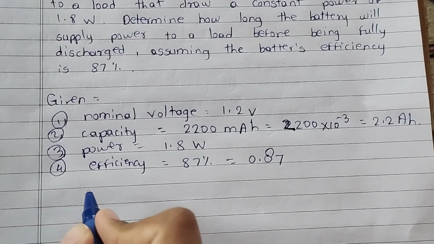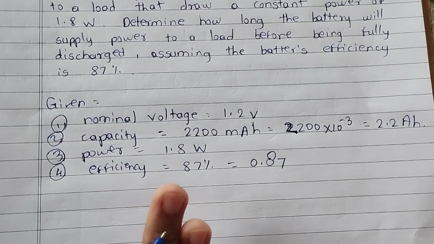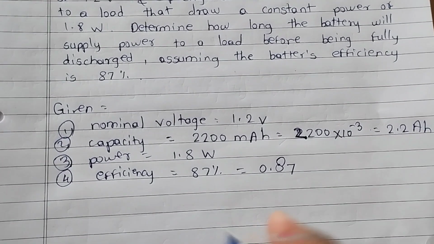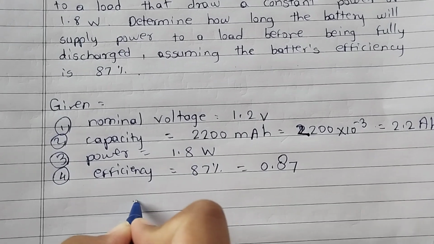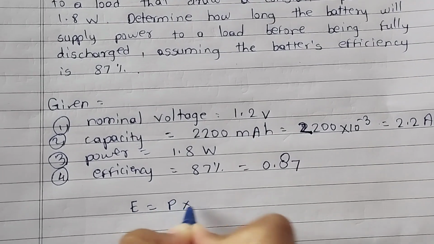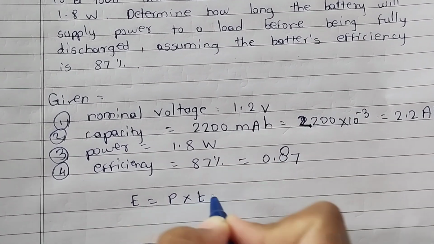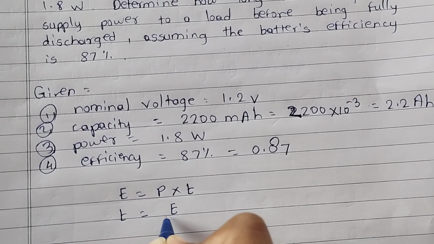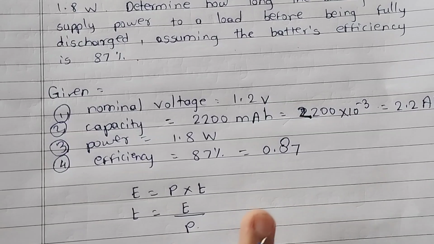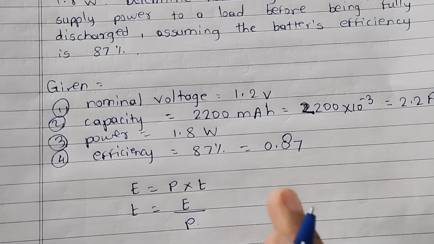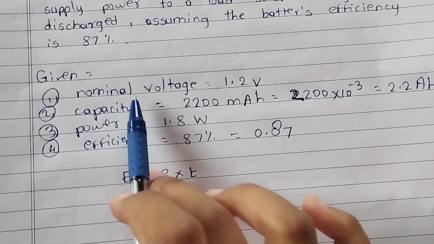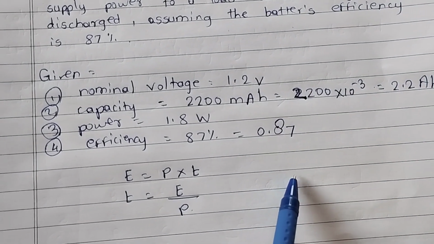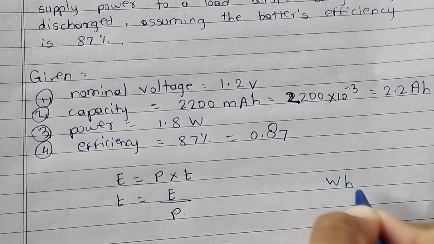Now, as usual, I hope you all get the idea of how we calculate how long the battery or vehicle runs. The formula is, first, energy is equal to power into time, and we calculate time by energy divided by power. The capacity is given in ampere hour, but most of the time we calculate energy in watt hour.